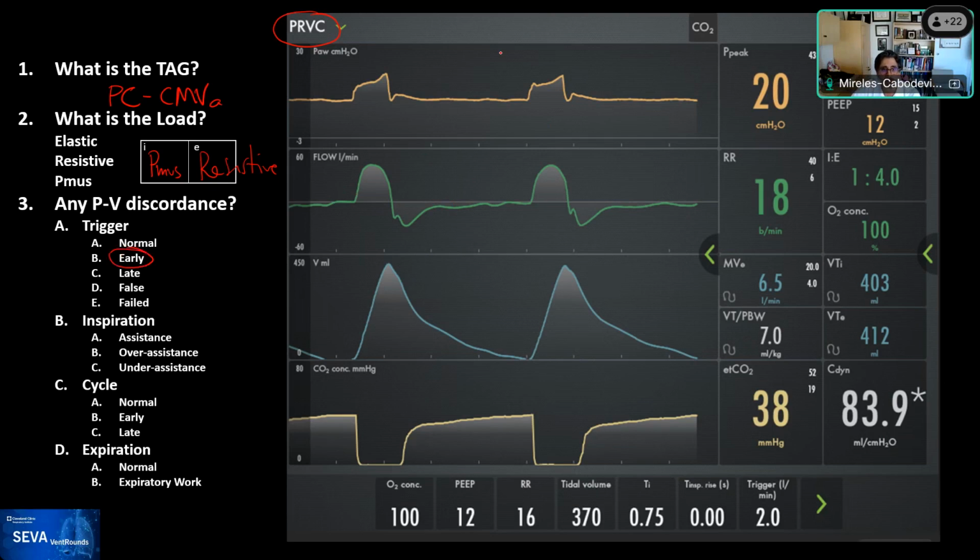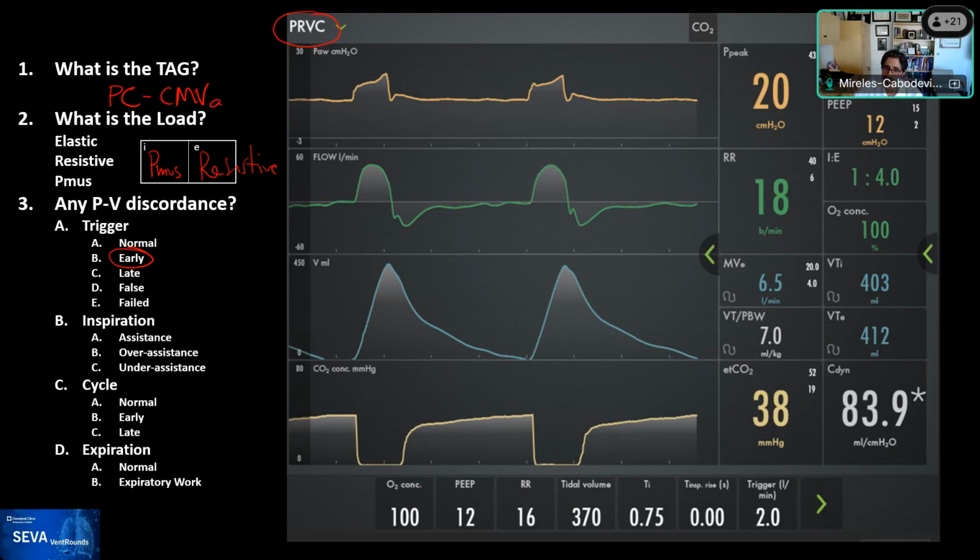So the point being here, remember that right now, as we are learning more about what reverse trigger means, which is a form of early trigger, it can happen at the beginning, in the middle, at the end of inspiration, and even though it's difficult for us to categorize, it can also happen at the early phase of expiration, the way that we are describing it right now.